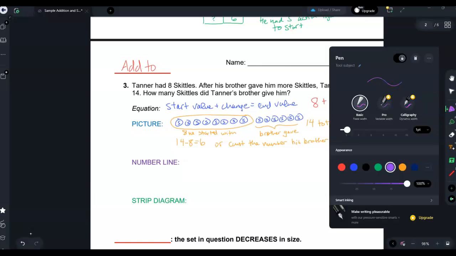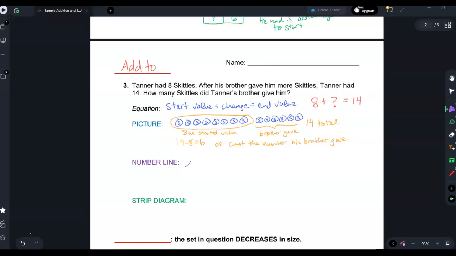So then our number line, we know that he ends up with 14, so we need to go out at least that far. So on our add to problems, if we know the ending amount, then we know how far out to go.